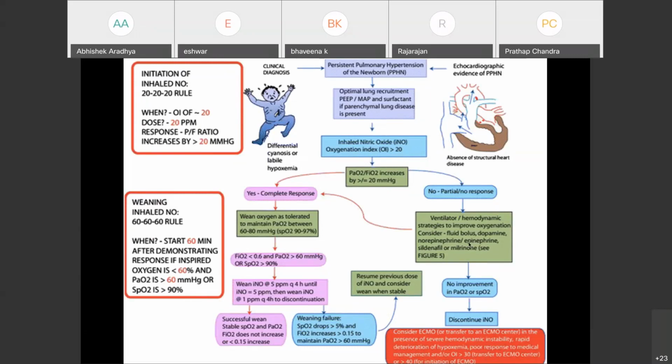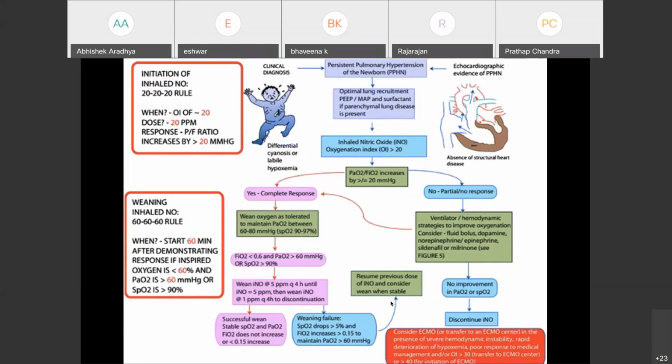And when you have checked all these things, and if still there is no improvement in your PaO2 or your saturations, then you may need to discontinue or even consider ECMO as the further management in these babies. Okay, I know this is a very busy slide, and I hope I've done some justice. Just remember, initiation is the 20-20-20 rule, weaning is the 60-60-60 rule.